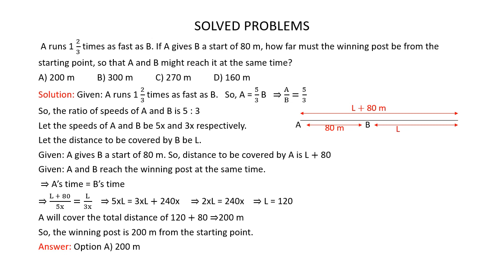So it's given that A gives B a start of 80 meters. So B's starting point is here. B gets a start of 80 meters. Now let the distance covered by B to reach the winning post be L meters.